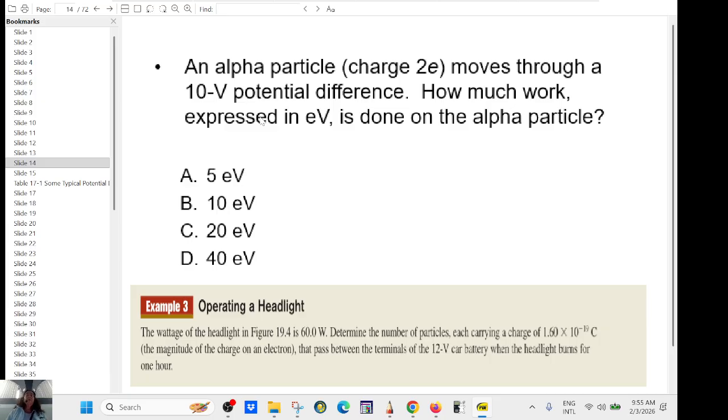Example: you have an alpha particle, and an alpha particle is two protons. A proton has a charge e, and the voltage is 10 volts. What's going to be the work done on the alpha particle?